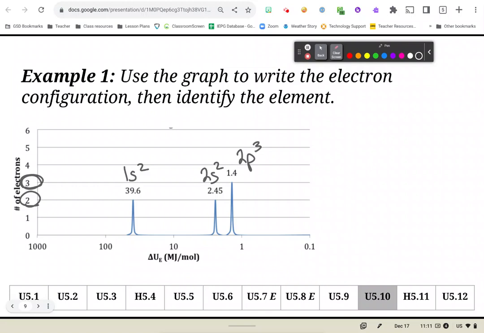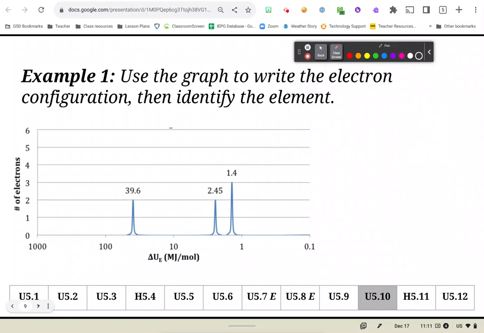So this is a 2p3 because that goes up as high as the 3, which means my electron configuration is 1s2, 2s2, 2p3, and then I can look at the periodic table and either add up the superscripts, the 2, 2, and 3 to get 7 electrons, or I can just key in on looking for second row, p block, the third one in. Either way, however you think about finding it, you know it is nitrogen.